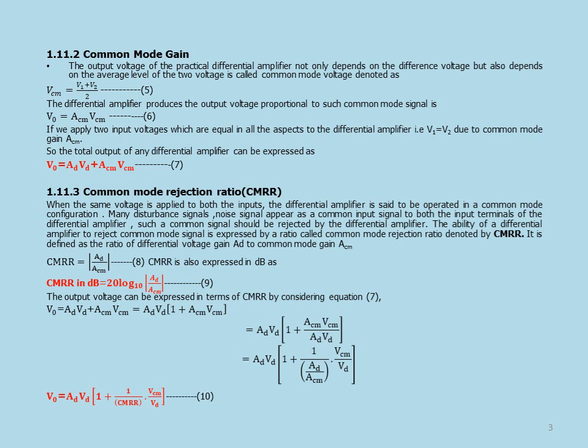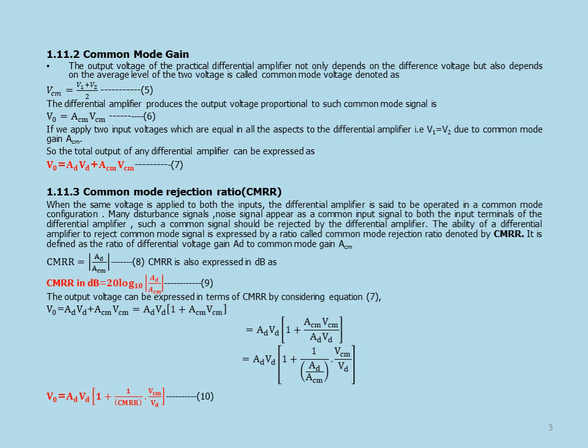Now if there is a common mode voltage, the output voltage will be V0 equal to the common mode gain times the common mode voltage, ACM into VCM, as shown in equation 6.